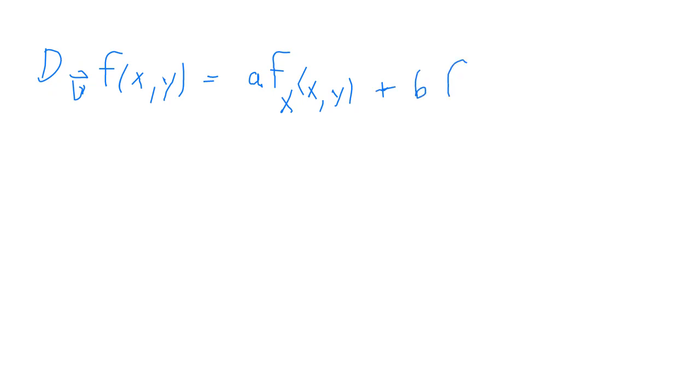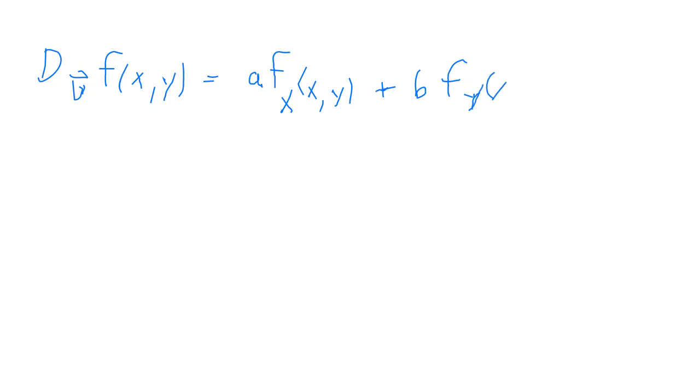Okay, so the directional derivative of a function in the direction of u is equal to a times the partial derivative of f with respect to x plus b times the partial derivative of f with respect to y.